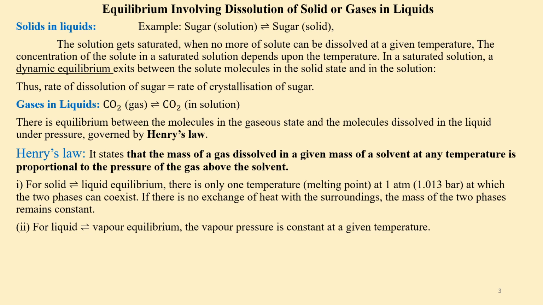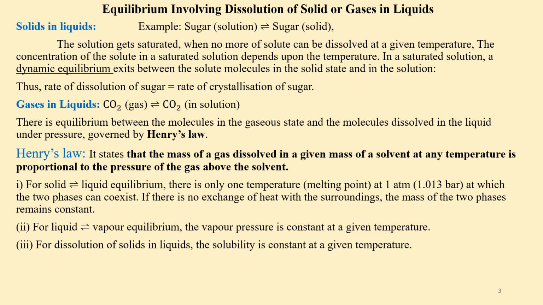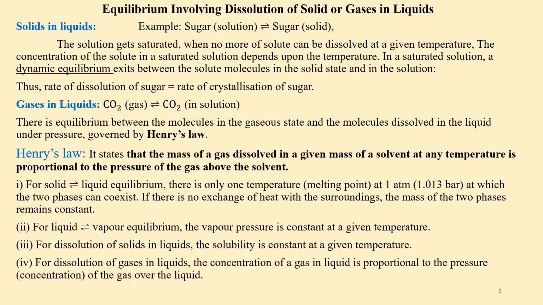For liquid to vapor and vapor to liquid equilibrium, the vapor pressure is constant at a given temperature. For dissolution of solids in liquids, the solubility is constant at a given temperature. Point number 4: for dissolution of gases in liquids, the concentration of a gas in liquid is proportional to the pressure of the gas over the liquid.